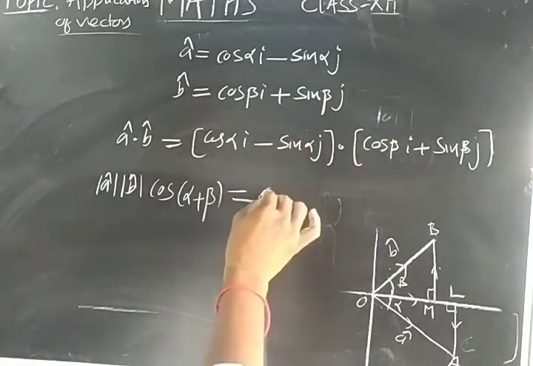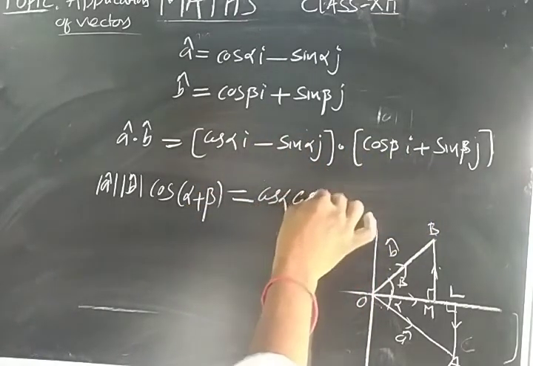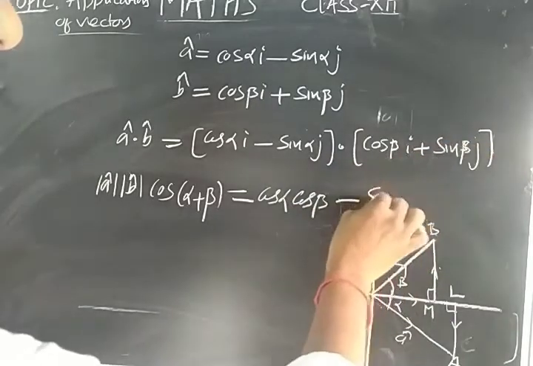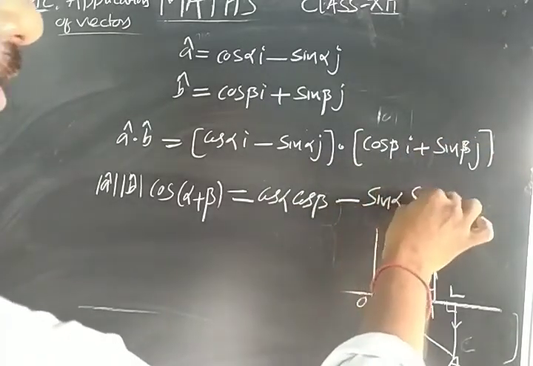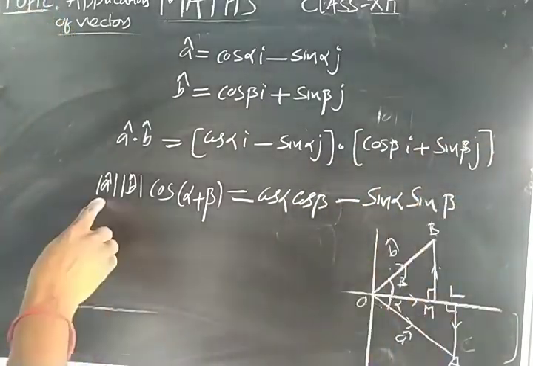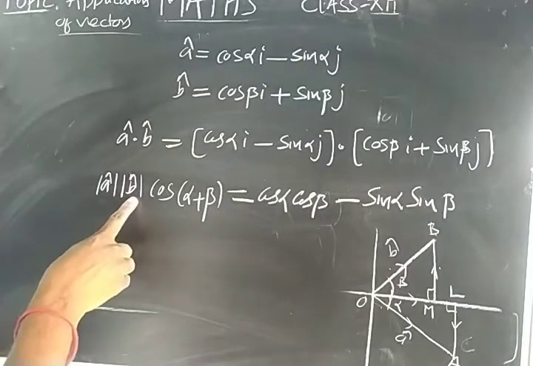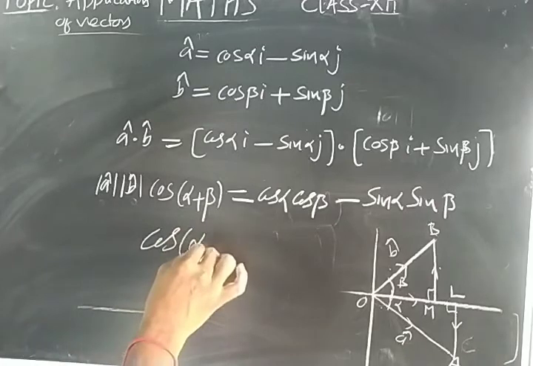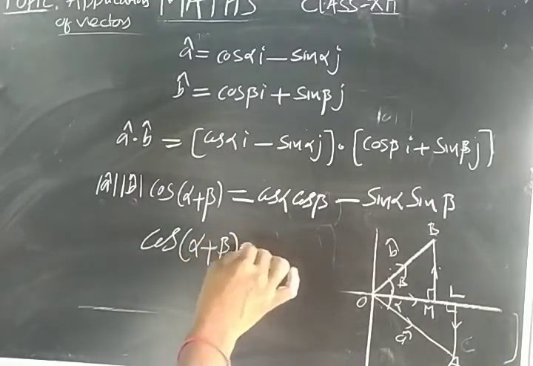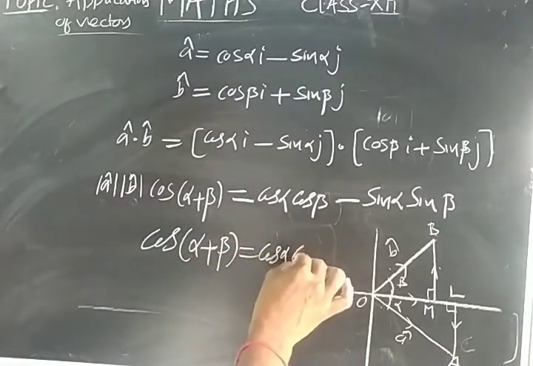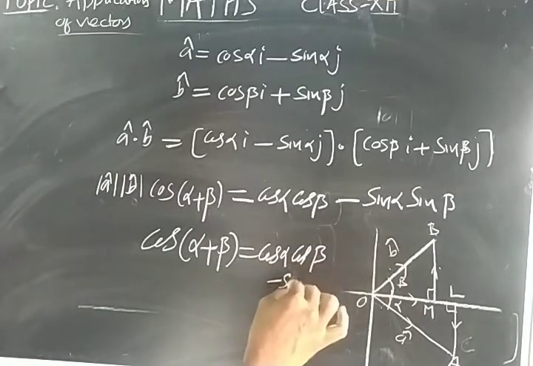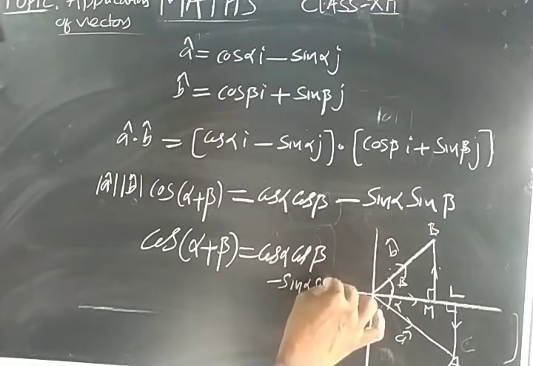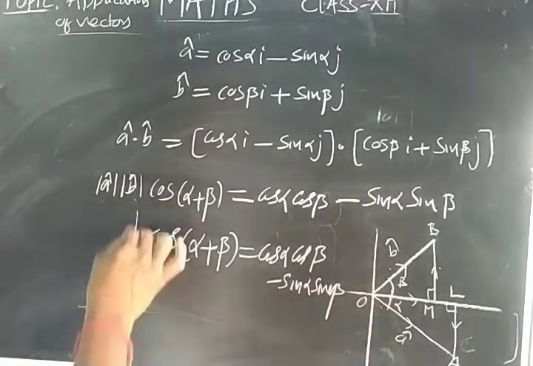Cos alpha into cos beta minus sin alpha into sin beta. A cap is a unit vector, length is 1. B cap is a unit vector, its length is 1. So you will get on the left hand side cos alpha plus beta is equal to cos alpha cos beta minus sin alpha sin beta. Okay, this is the proof of this formula.